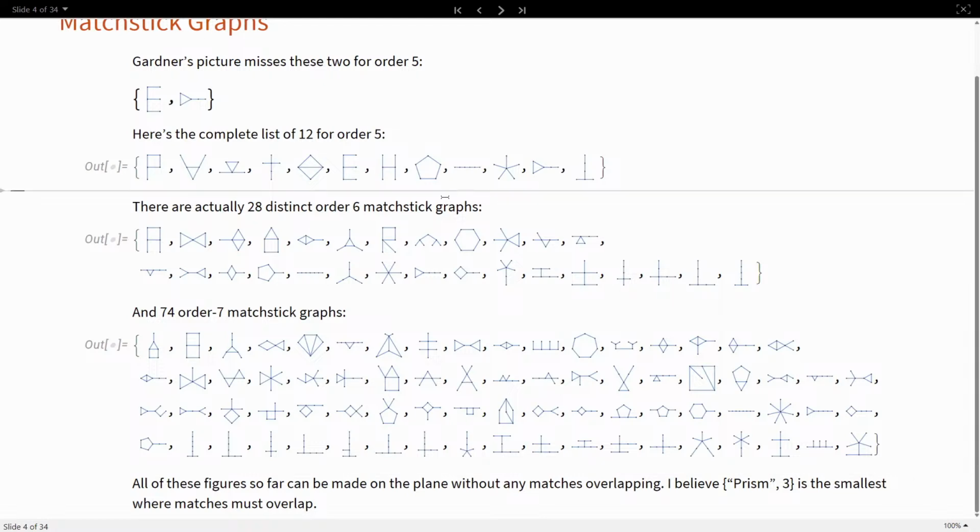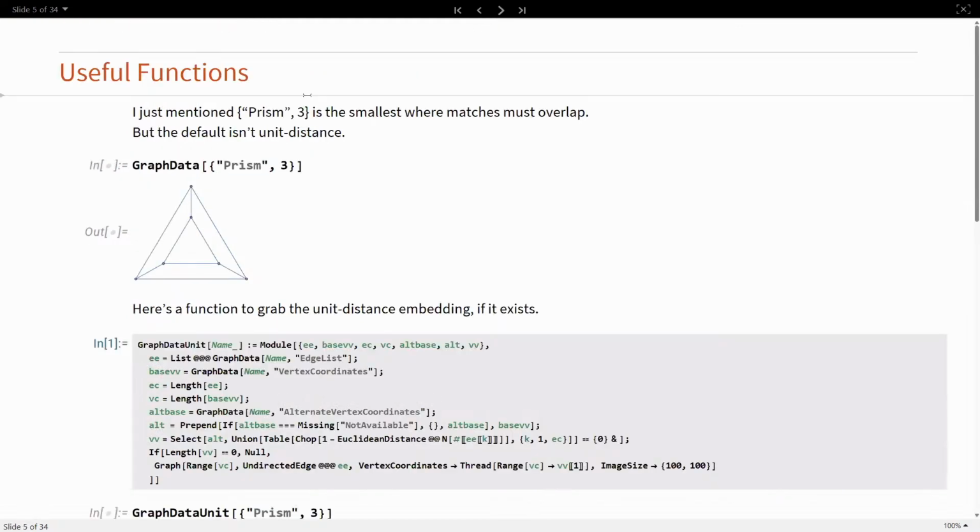One question I wondered when preparing this talk is, what is the smallest figure that requires overlapping to make the figure? I believe the 3-prism is the smallest, and in GraphData it looks like this.